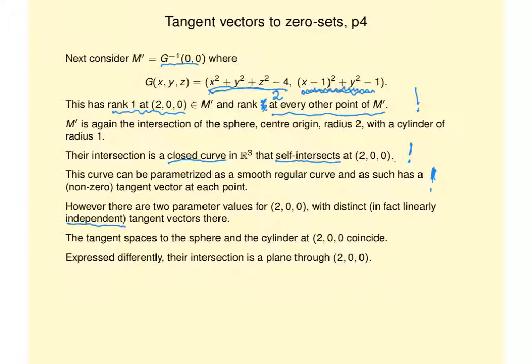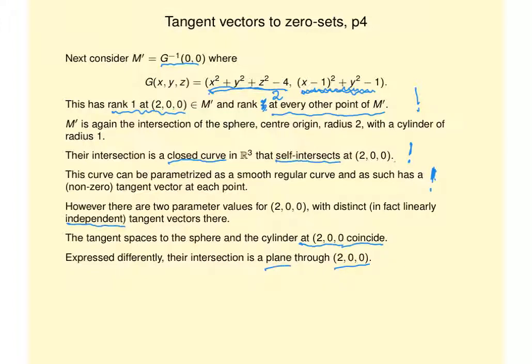So that's not a satisfactory thing to do. What's happening is that the tangent spaces to the sphere and the cylinder at that point are the same. They coincide. And therefore, in other words, their intersection is actually a plane through (2, 0, 0).